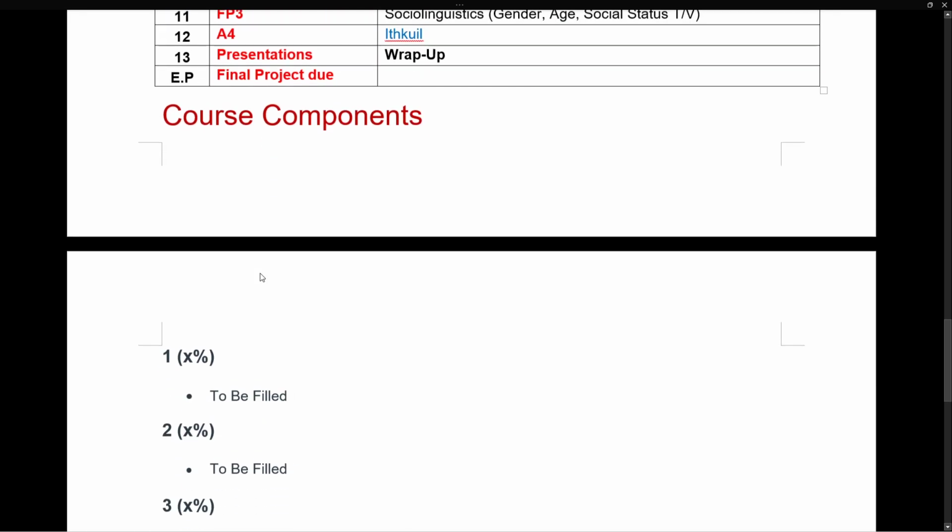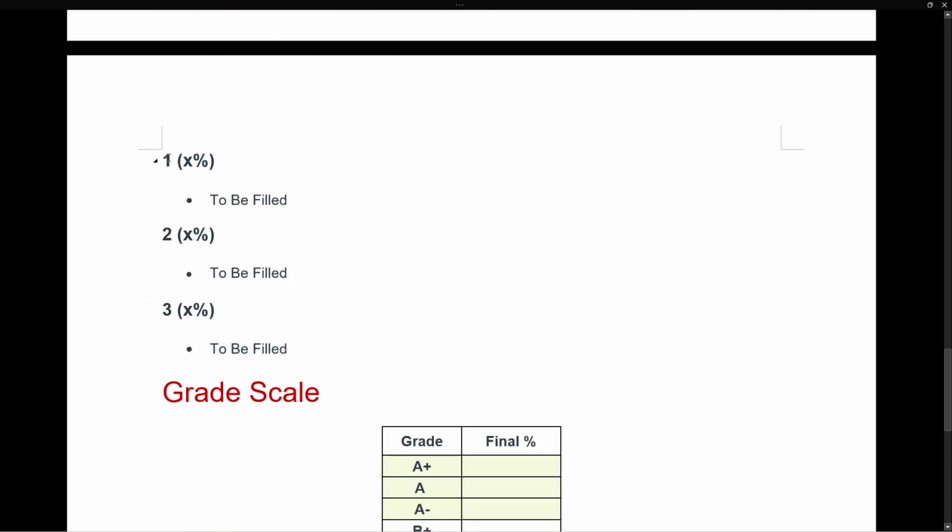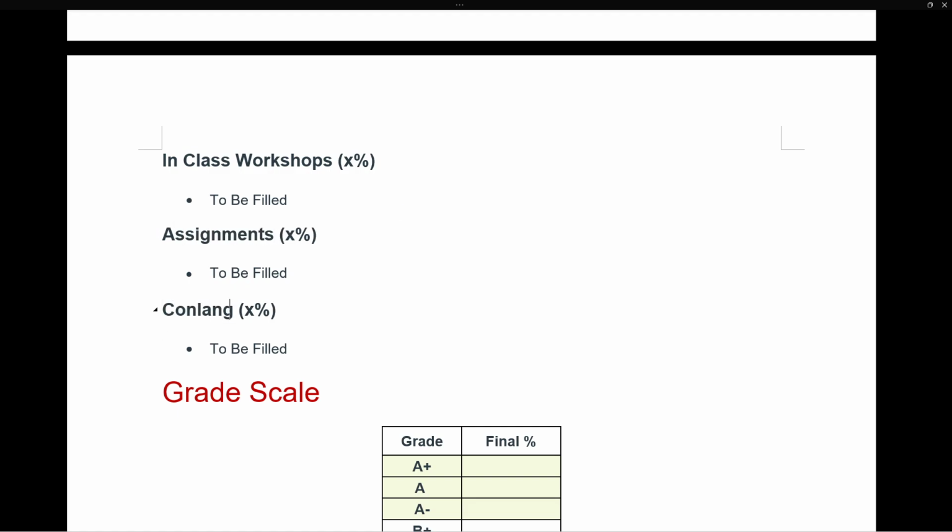Now, for course components, this is usually when I take the grading and I expand a little bit more on it. So I had in-class workshops, I have assignments, and then I have the Conlang project. So this is what they're going to be doing as like the final project in the course. So I just think about my rough goals for this.